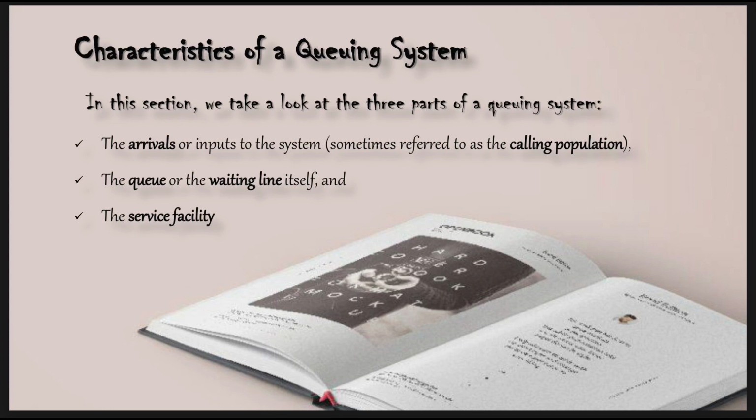So first, there is the arrivals or inputs to the system. Actually, this is sometimes referred to as the calling population. Mamaya i-discuss natin yun. Next up is the queue or the waiting line itself. And the third is the service facility.